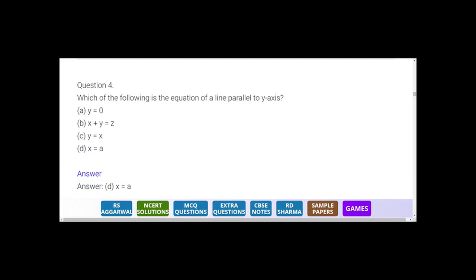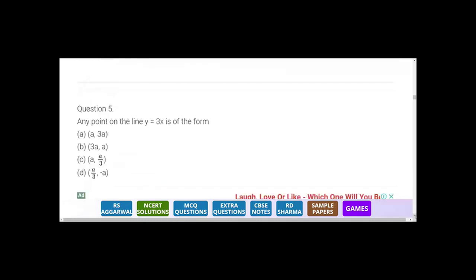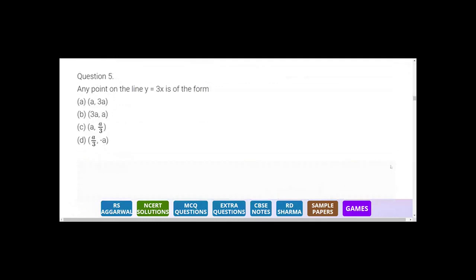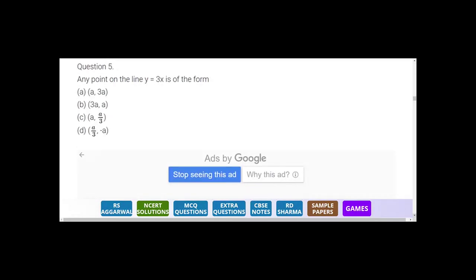Next is Danaya. Danaya, you have to answer. Any point on the line y equal to 3x is of the form dash. Option A, ma'am.